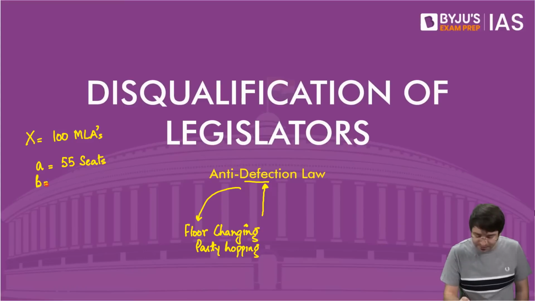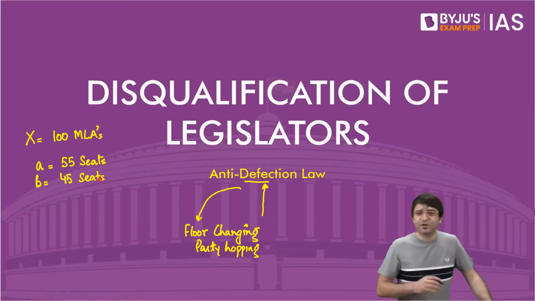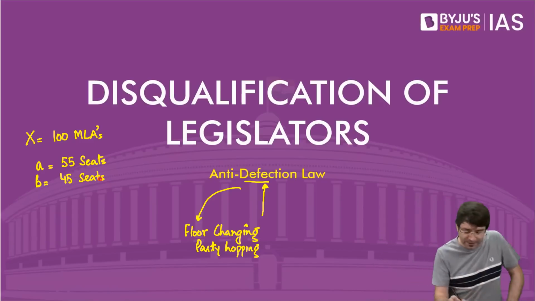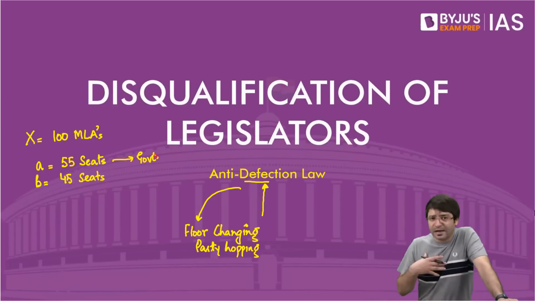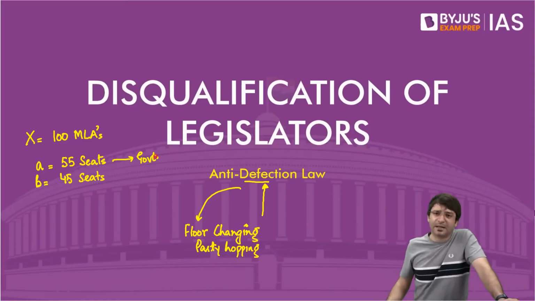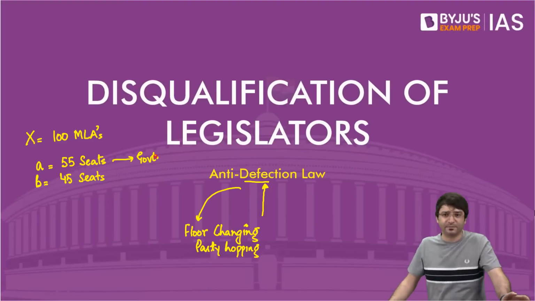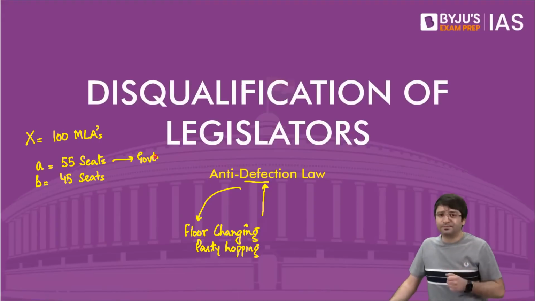Political party B gets 45 seats. Which political party is forming the government? A, because it has the majority. I am also part of A. I am also an MLA. I thought they will make me the chief minister, but they made you the chief minister. I'm sulking now. I'm not even made a minister.